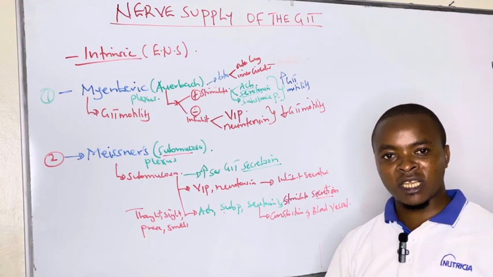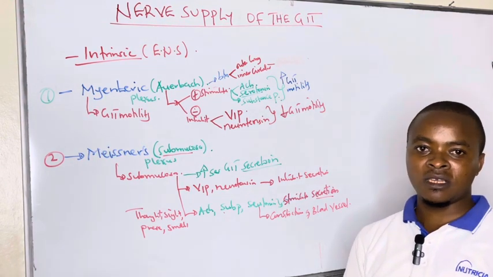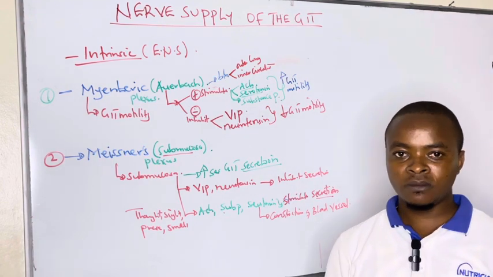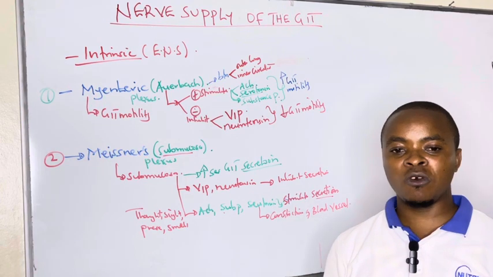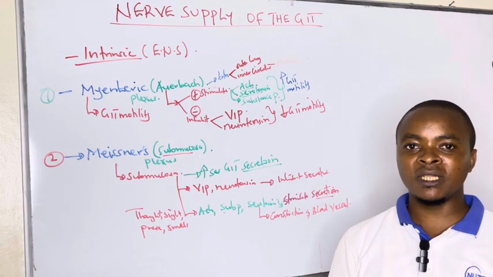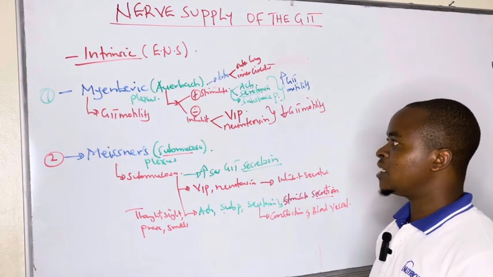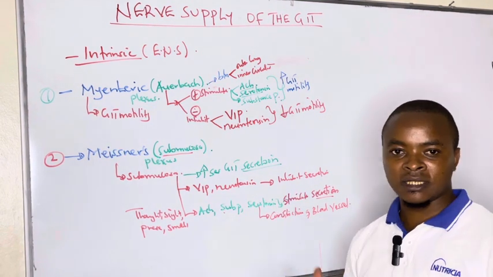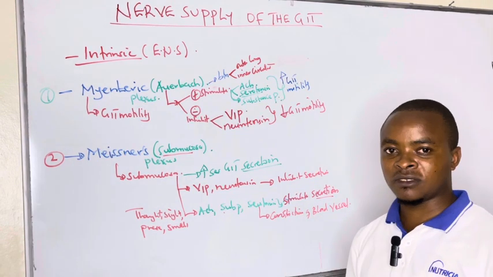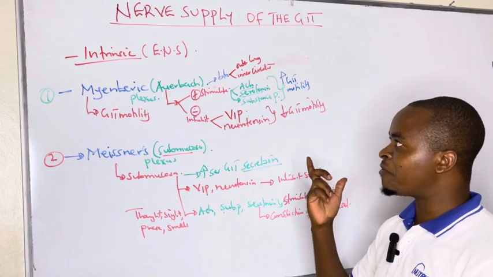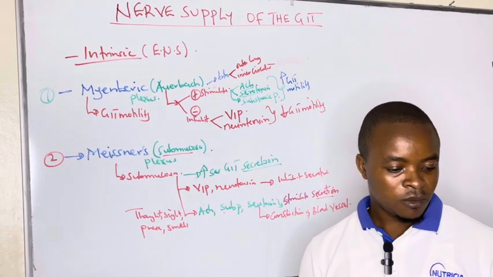And when the GIT stretches, it stimulates stretch receptors and chemoreceptors, because this food contains chemicals which stimulate chemoreceptors. Then the stretching of the walls causes the stretch receptors to be stimulated, and they send signals to these plexuses, releasing their neurotransmitters. That is what we call local reflex. Then the vagovagal reflex, we are going also to see it under extrinsic.